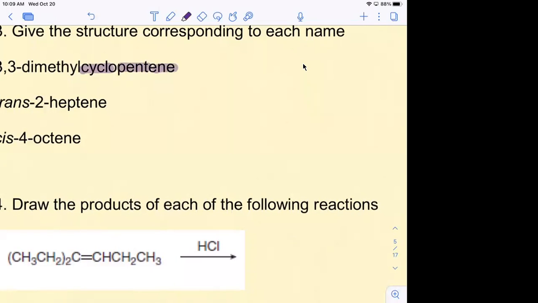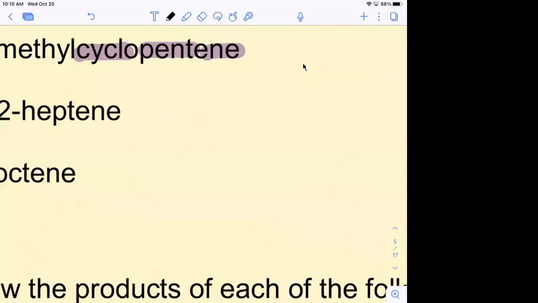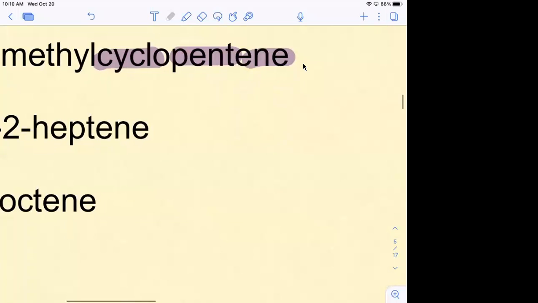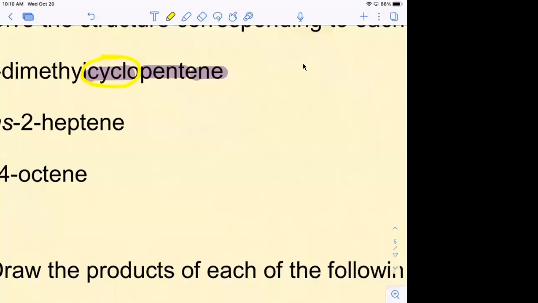All right. So what does the cyclo mean? Anybody remember that? We did talk about it earlier, in the first few weeks of class. So when you see that prefix cyclo, that means that it's a ring.